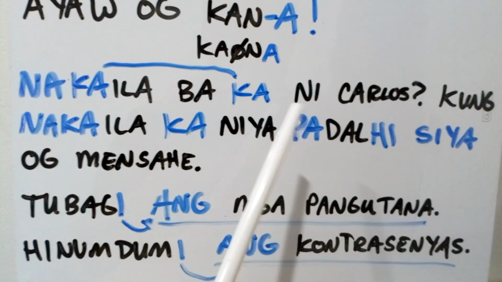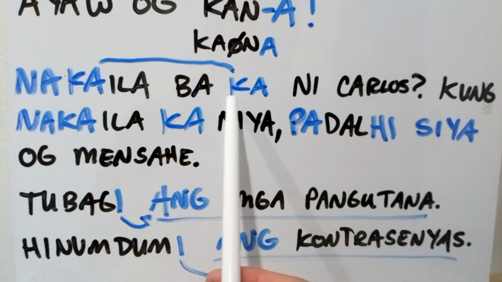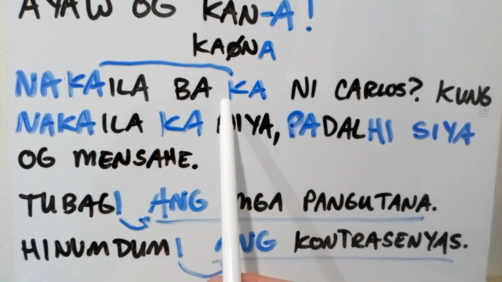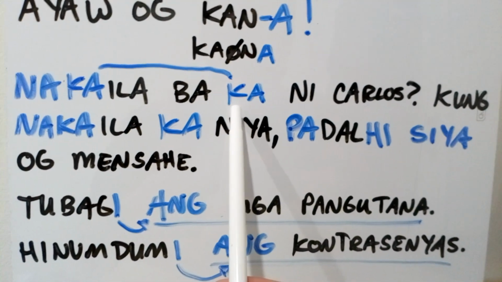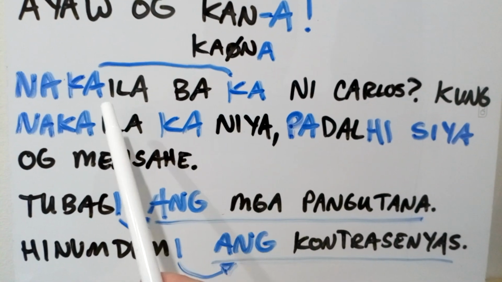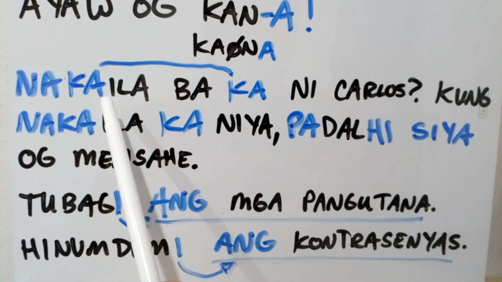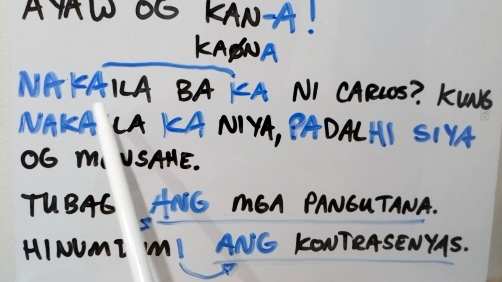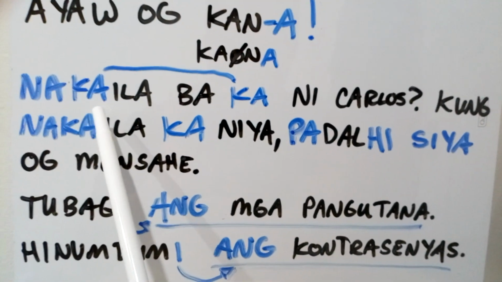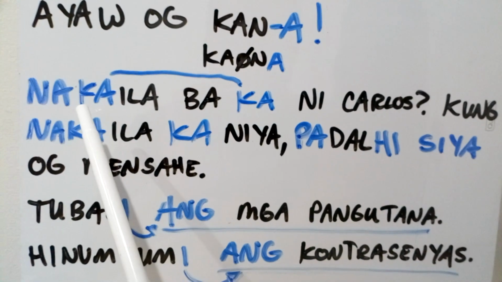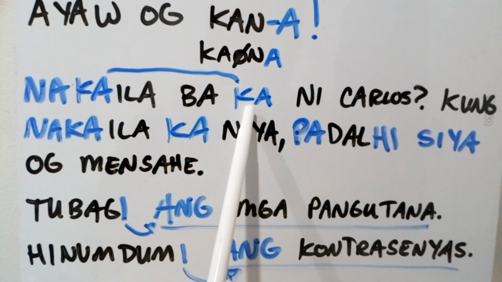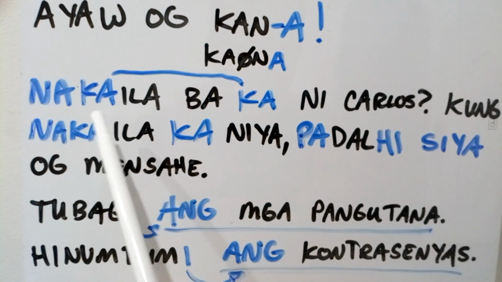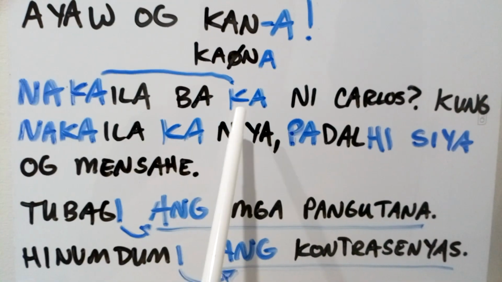And how do we know that we are talking about you? Because ka right here, the second person singular, is written in the absolutive case. It's not written in the ergative case. Moreover, the verb was also conjugated in an actor focus, right? Since it was an actor focus and we have ikaw here written in the absolutive case that corresponds to the conjugated actor focus verb, we're talking about you.